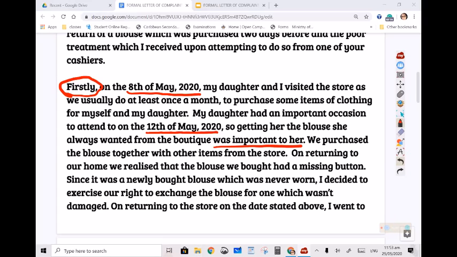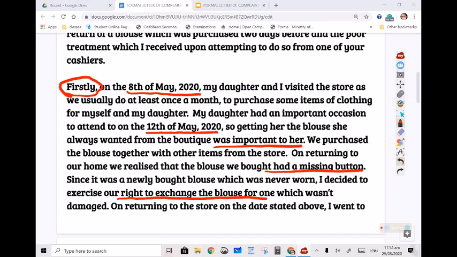We purchased the blouse together with other items from the store. On returning to our home, we realized the blouse we bought had a missing button. So we tried to make sure that we explain exactly what the issue is. Since it was a newly bought blouse which was never worn, I decided to exercise our right to exchange the blouse for one which wasn't damaged.